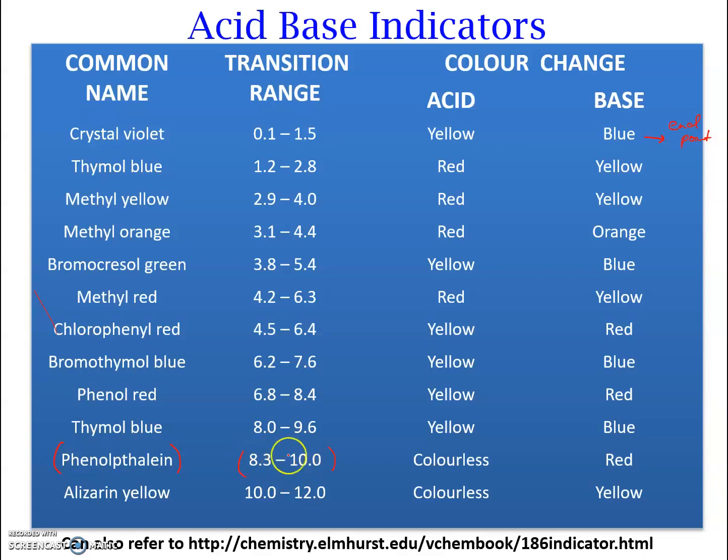Between this range, phenolphthalein will change its color. That is why, to choose the indicator, we have to know the reaction between the acid and base. We have to know the pH at the equivalence point, so we choose the indicator near the equivalence point. The indicator changes color near the equivalence point, which might be 8.5, 9 or 10 in pH.